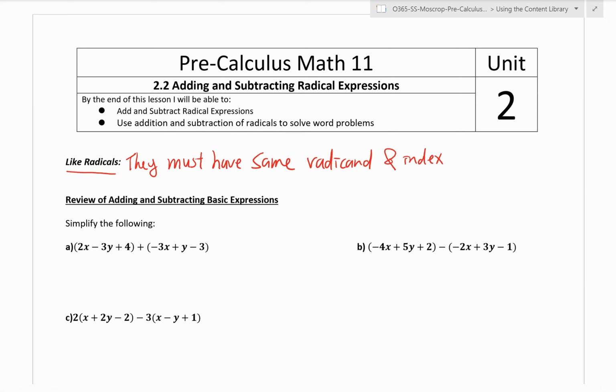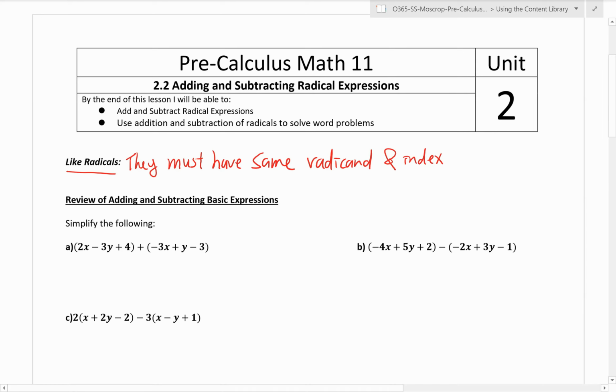Also, if there's a coefficient in front of the radical, they don't have to be the same number. However, if there's a variable attached to the number, the coefficient, then they have to be the same.